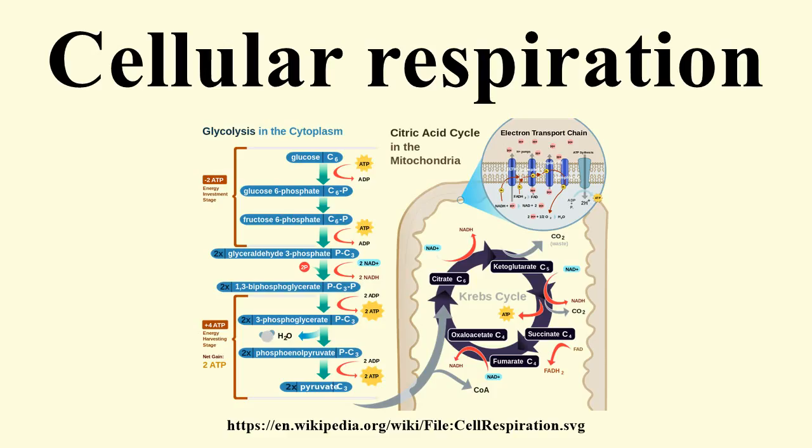Altogether, this gives 4 plus 3 plus 20 plus 3 equals 30 ATP per molecule of glucose.